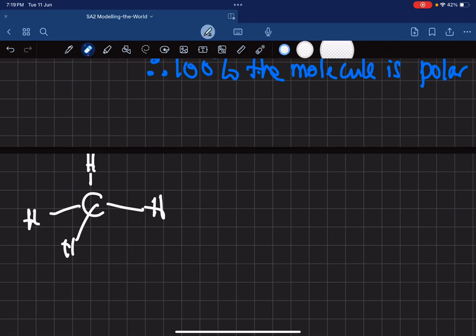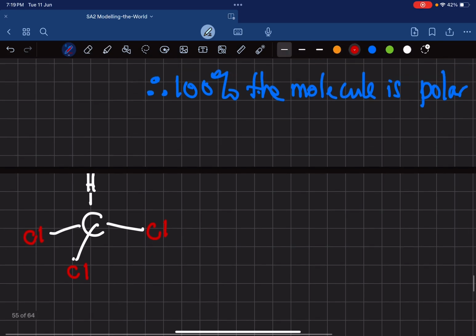But if I remove this hydrogen, and I put, let's say anything else, let's say I put a chlorine here, rest assured this molecule, chloromethane, is polar. Even if I replace another one here, it's going to be still polar. And if I replace one more here, this molecule is still going to be polar, because I said at least one is different, right?